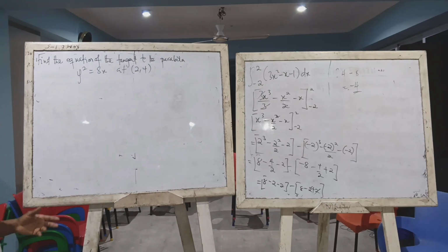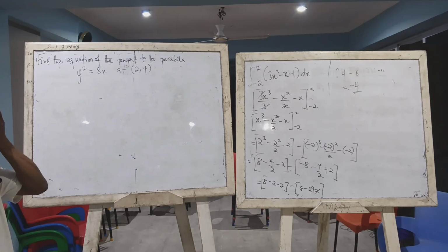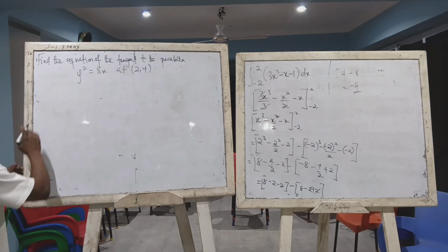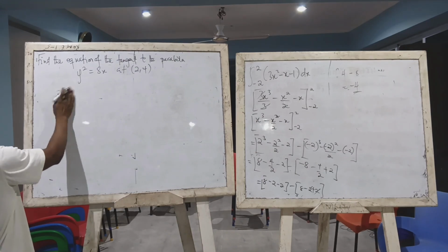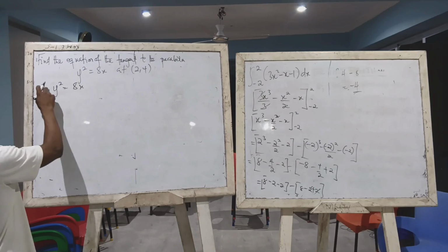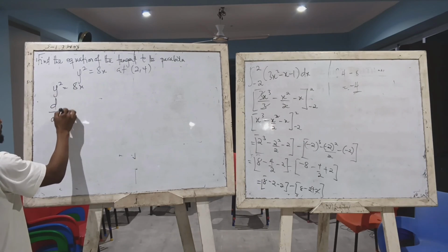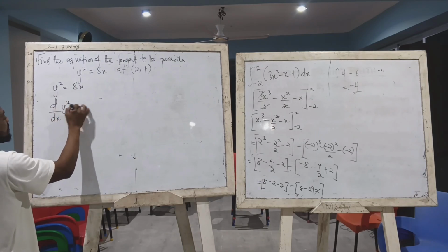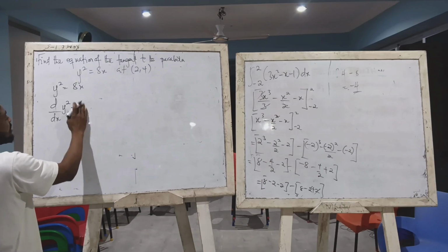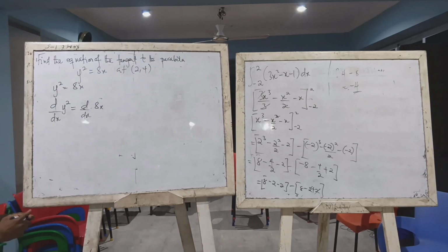And so we differentiate this with respect to x and y, because it's going to be some sort of implicit differentiation. There's a way to go about that. And so we differentiate both sides. Now when I differentiate this, I get d dx of y squared is equal to d dx of 8x.